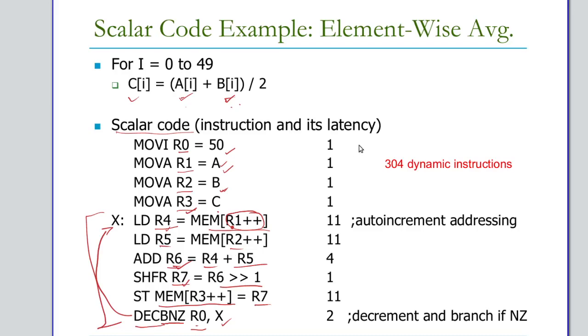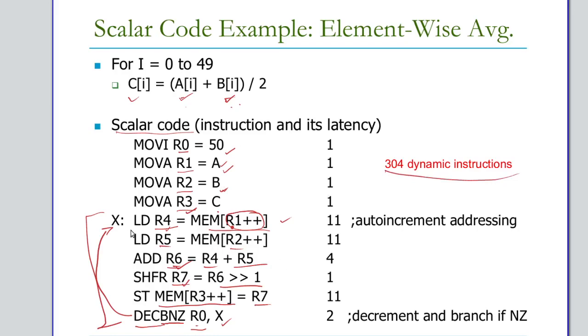So the total number of instructions: these first 4 instructions, and instructions 1, 2, 3, 4, 5, 6 executed 50 times. All the 50 times you will have to fetch these instructions and execute them. So 50 into 6 is 300, and with these 4 instructions, 304 dynamic instructions.